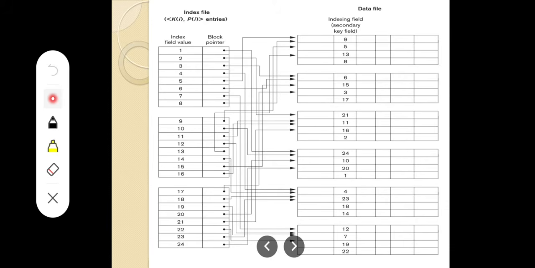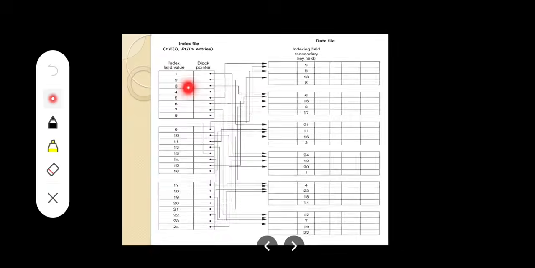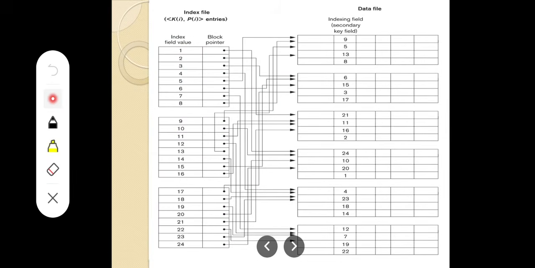But in the case of the index file, all these values will be considered as the index value, and the index field value will be sorted. Look here, it has values from 1 to 24. This is also having values from 1 to 24, but it is not sorted.